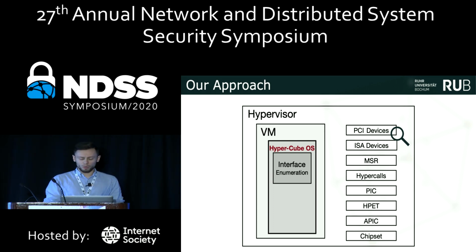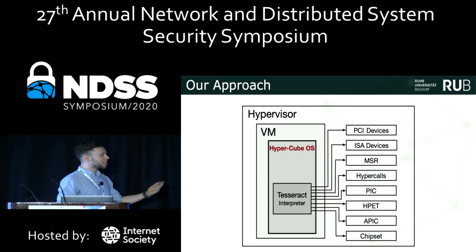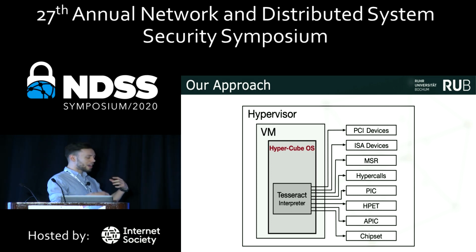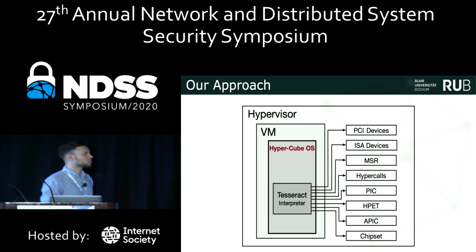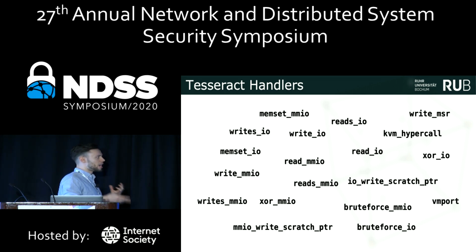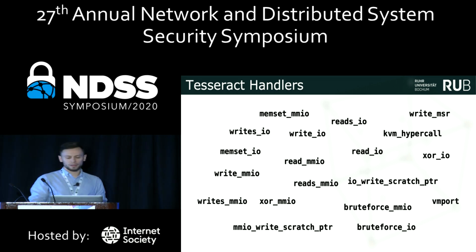Our fuzzing engine is actually just a bytecode interpreter, and the name is Tesseract. We just execute different handlers during fuzzing to perform different operations on different interfaces. We implemented some handlers, such as the ability to write to an MMIO region, to read from an IO region, or to perform hypercalls, write MSRs, stuff like that.